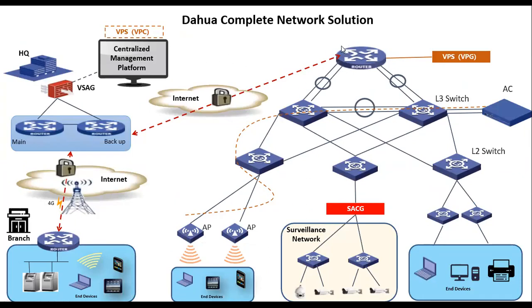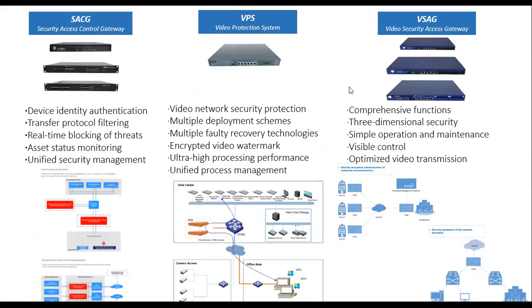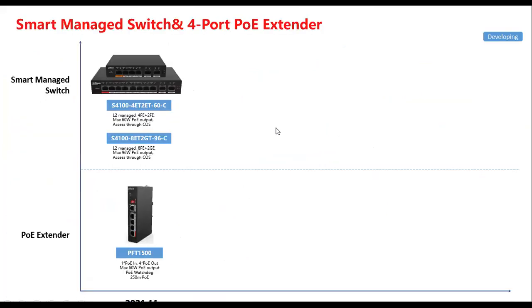So for a complete network visualization with implementation of our products, you can see from wireless access points to switches, from the aggregation to core switches. Then we even have our Dahua router, or the VPS, video protection system, to provide security in your network infrastructure.